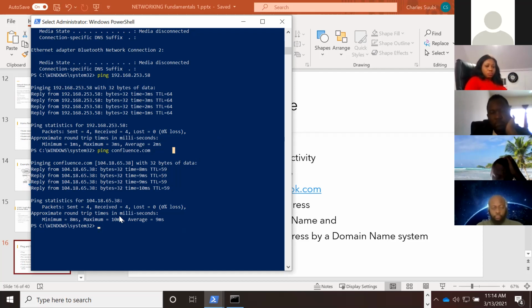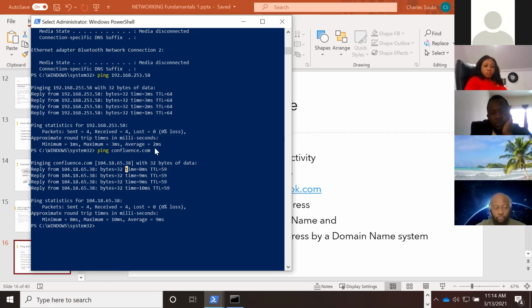Amazing, guys. You just sit on your desktop right here, power up a command line and ping confluence.com. When you ping that certain server that has Confluence, it gives you a response. What does that tell you? It tells you that Confluence is already up.